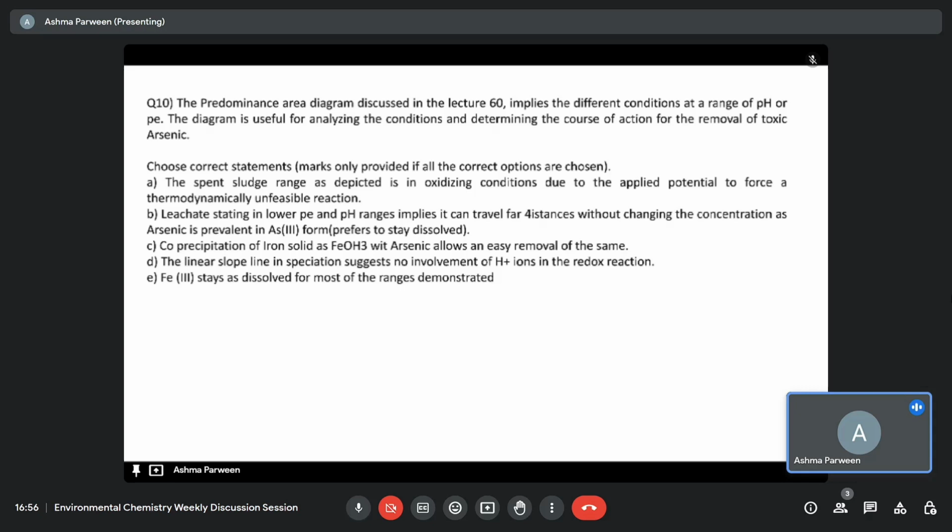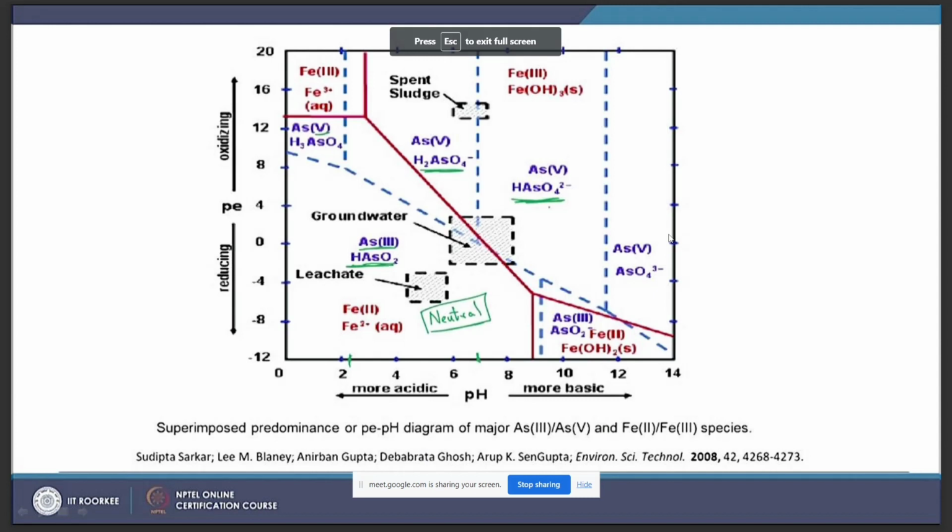Please try to solve this question and write the correct options in the chat box. The diagram was discussed in lecture 60.